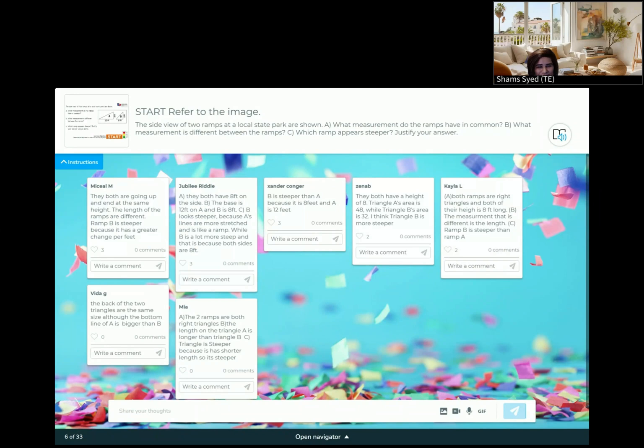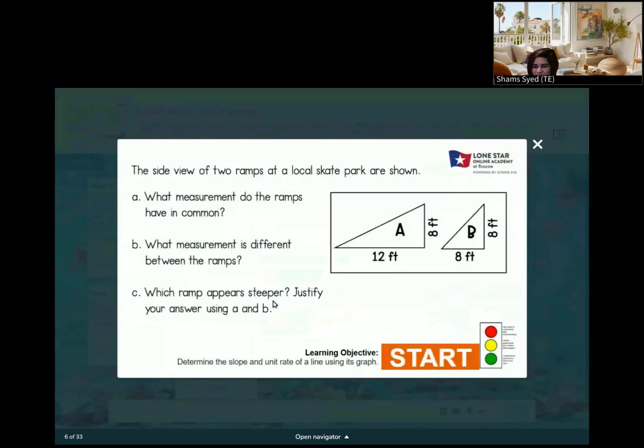Amelia, I'm waiting to hear from you. Jubilee, the mic is all yours. You want to help us out? Vida says, what does the question mean by steep? Remember in part C? Which ramp is steeper? What does the question mean by steep?